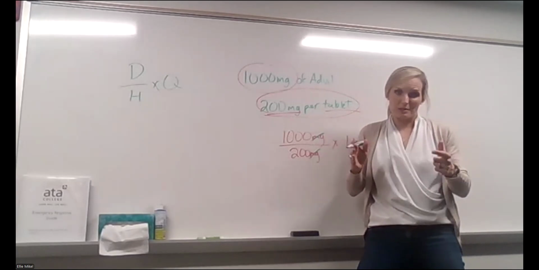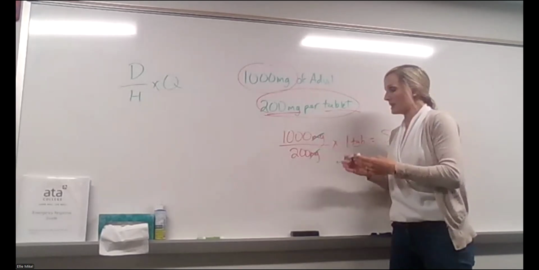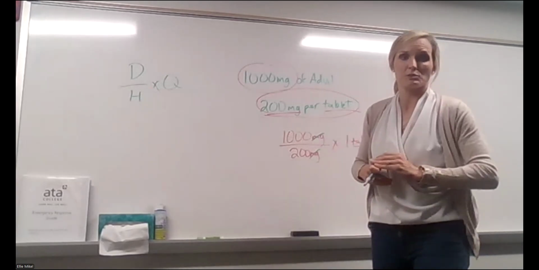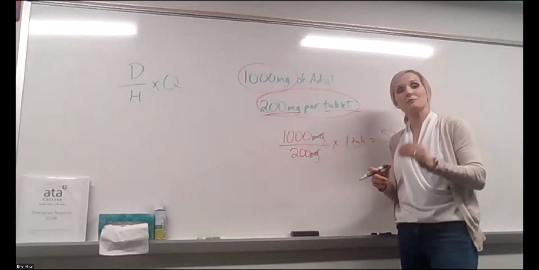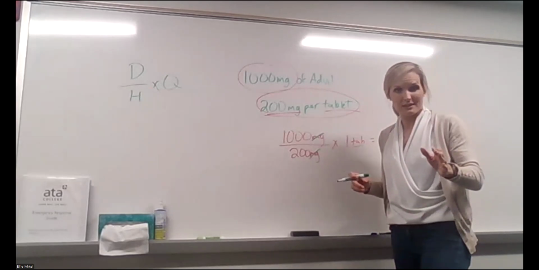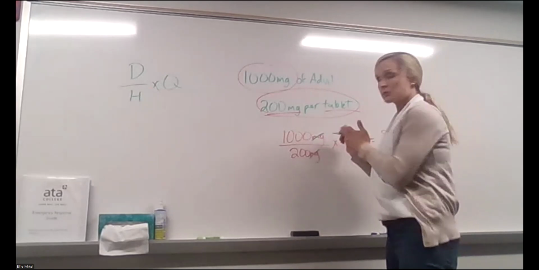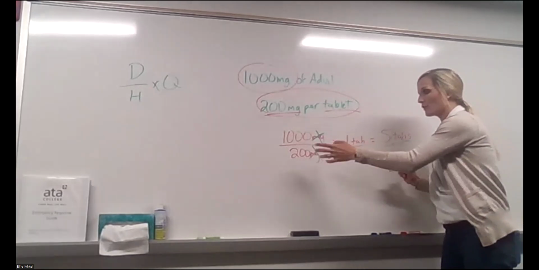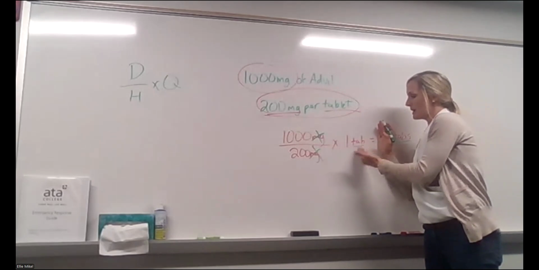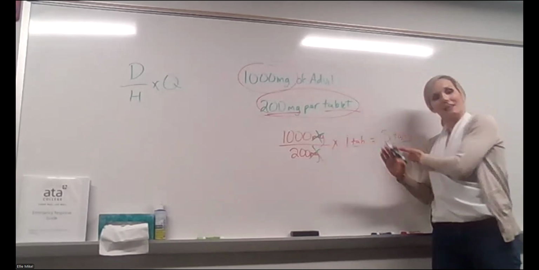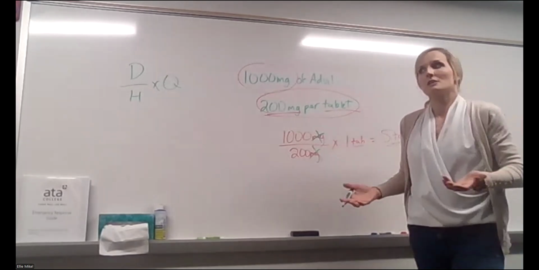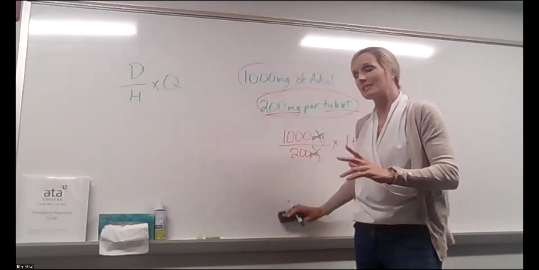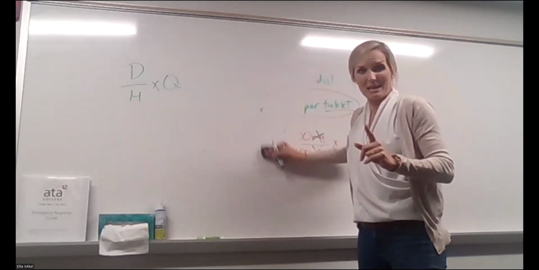Not that we have to know anything about fractions, but that's really important. That's our big stipulation for the D over H times Q formula: D and H have to be the same unit always. Always. Because I need them to cancel each other out so that at the end of this equation, whatever my unit is for the quantity, that's the unit of my answer. If they're not the same, we need to do some converting, and that's where our metrics came in.